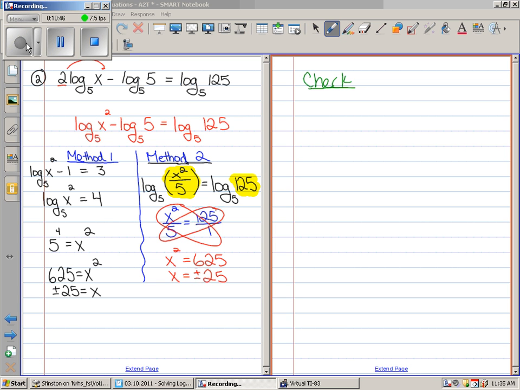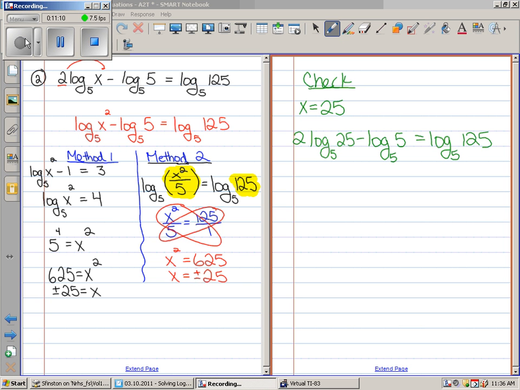So let's check what happens when x equals 25. Do you think it's going to work? Yes or no? Log 5, 125 minus log, hold on.